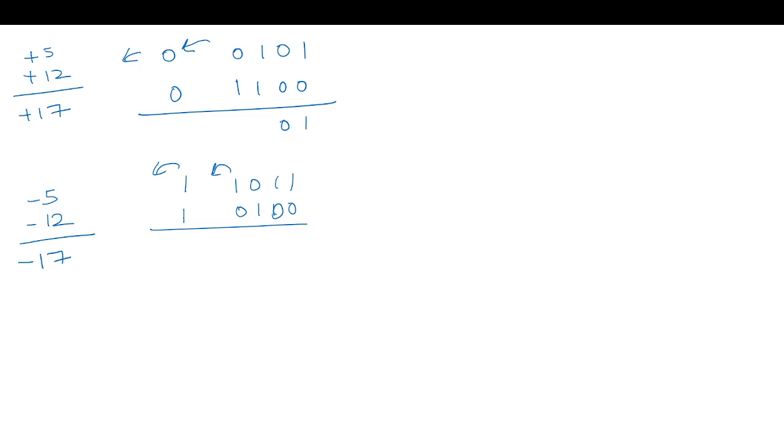If we add this, we will have one carry, and this will give one carry. So we have this carry as one, and here we don't have any carry. But for this, 1, 1, 1, 1, the carry is 0, and this carry is 0.